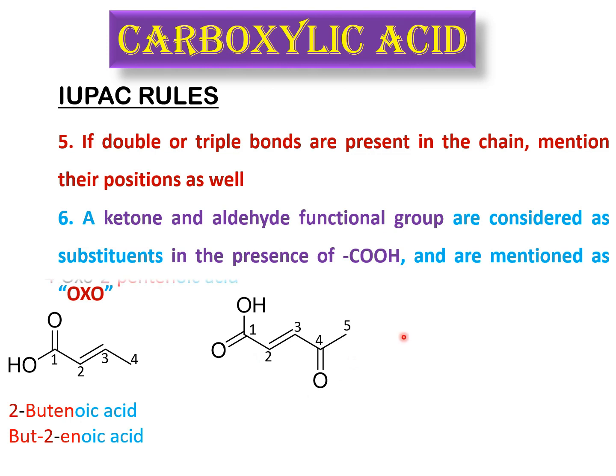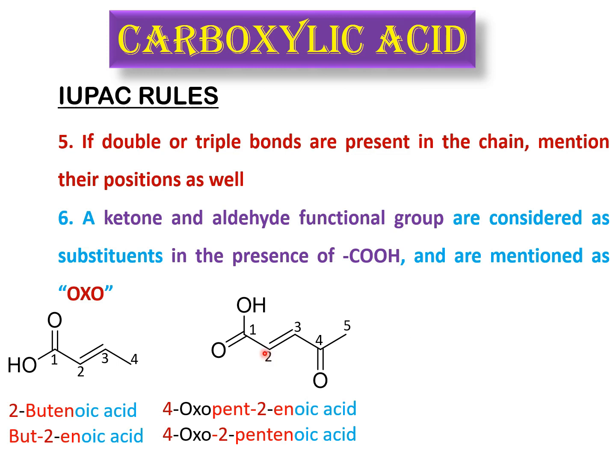So we have a 4-oxo, and we have a double bond at position 2 in this 5-carbon chain. So it's a pentenoic acid, but it's a pent-2-enoic acid because at 2 we have a double bond, or you can write it in this form, 4-oxo-2-pentenoic acid. So both ways it's okay.